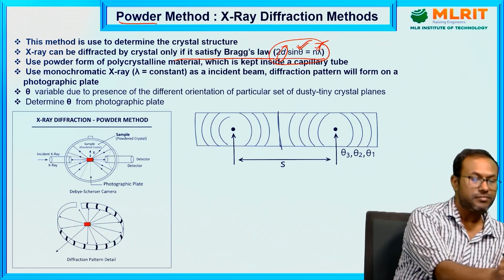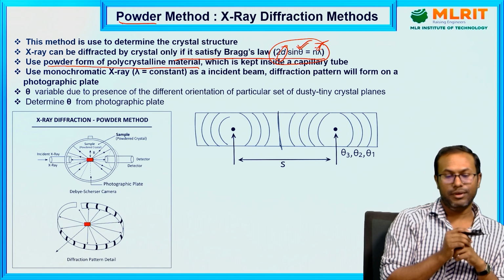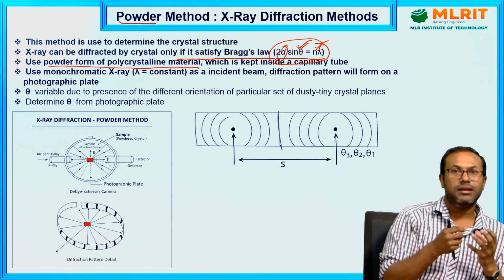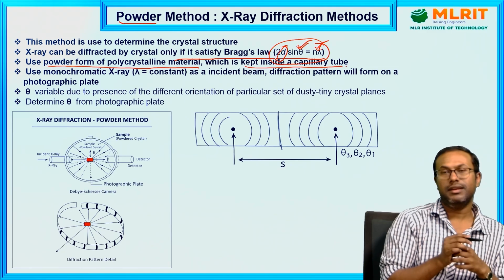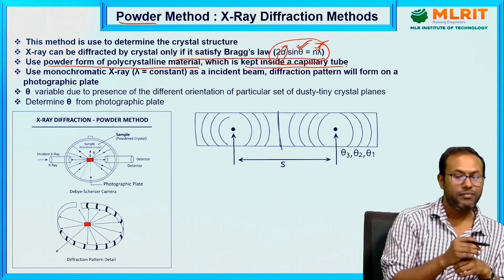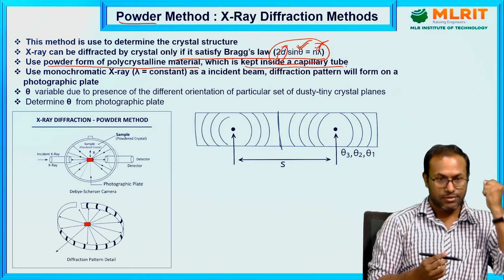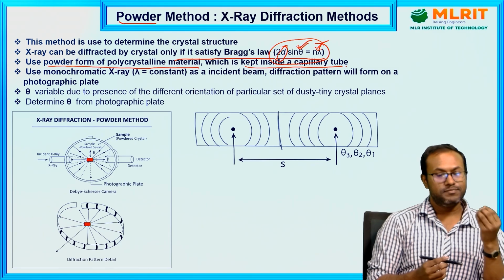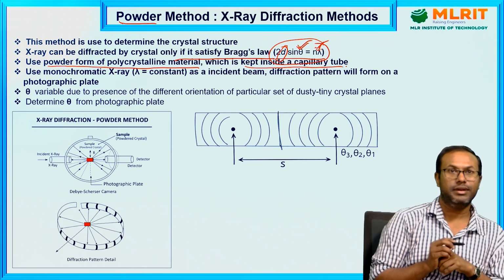It is a powder form of polycrystalline material. You scratch the crystal and make a very fine powder, and after that you keep it inside a capillary tube, or a test tube we can say.